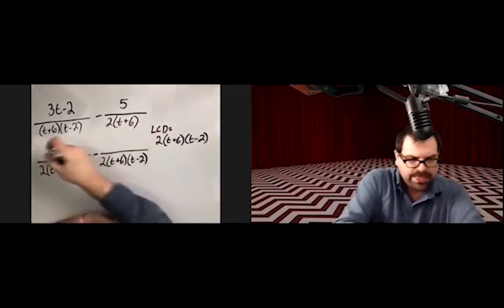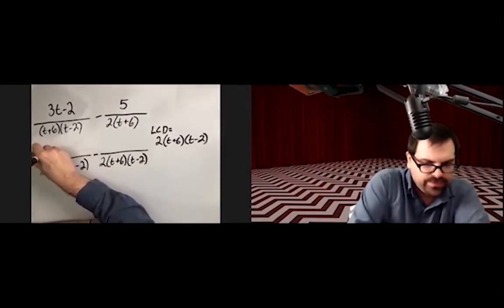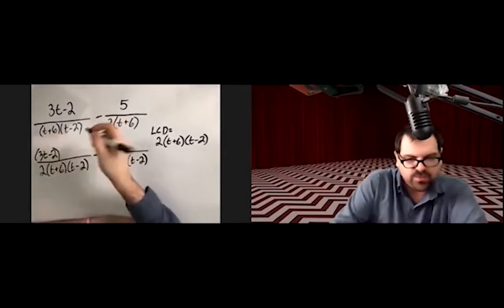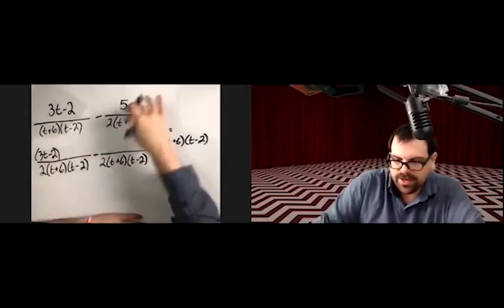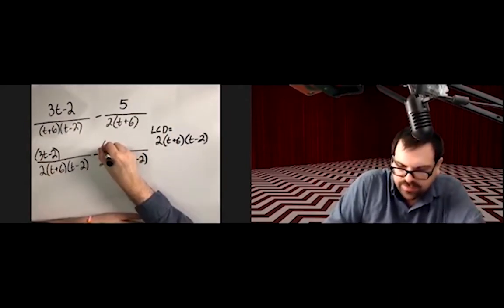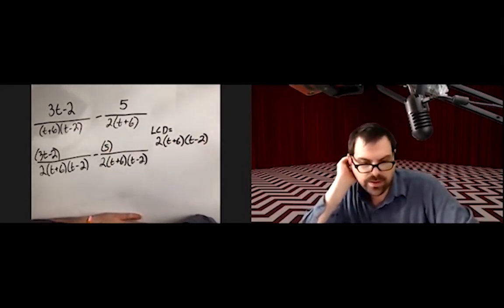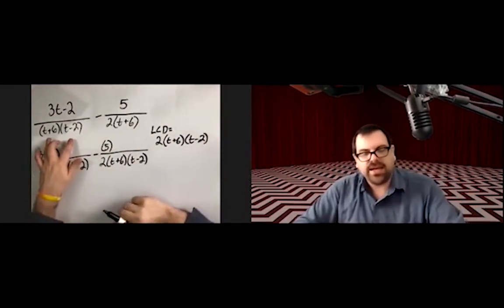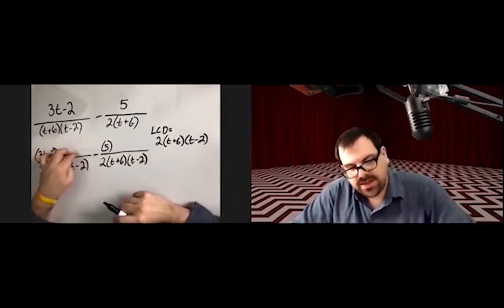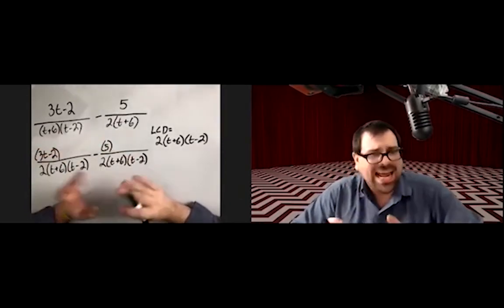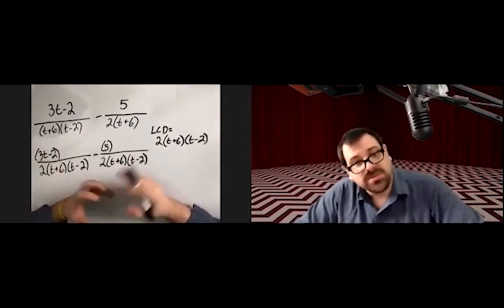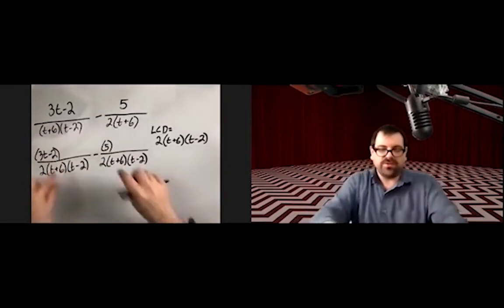So let's set up our 3t minus 2 times whatever is already there, and our 5 times whatever. We're going to take the missing pieces and fill them in. Not add, not plus. We're going to multiply them in.